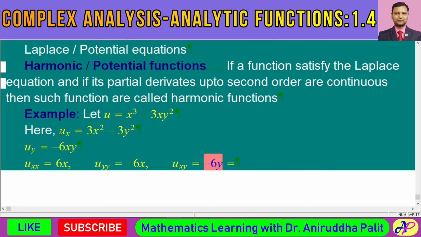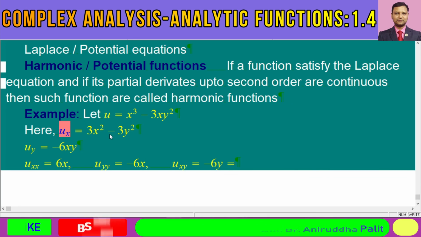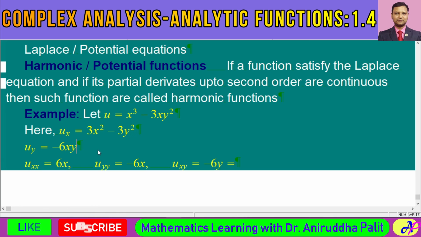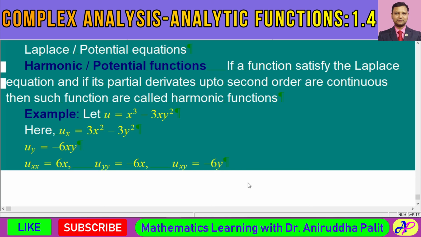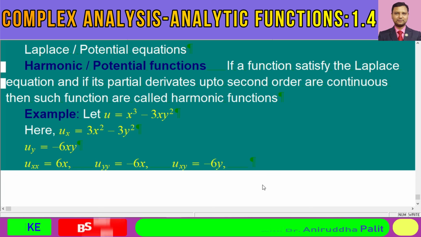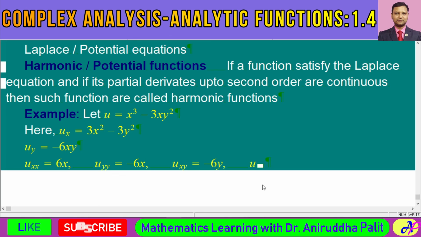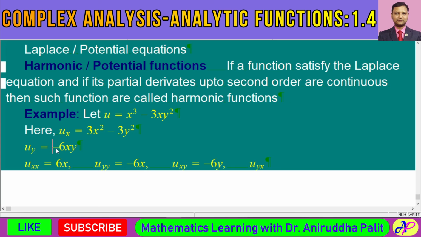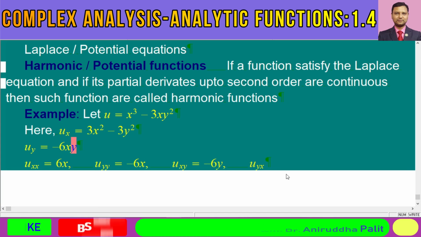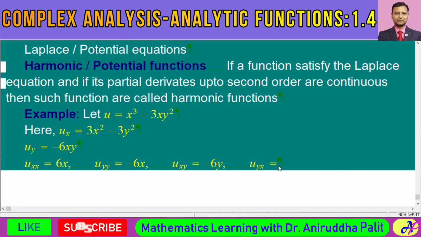And what about u_yx? Whenever u_y is differentiated with respect to x, you will get minus 6y. That is again equal to minus 6y.